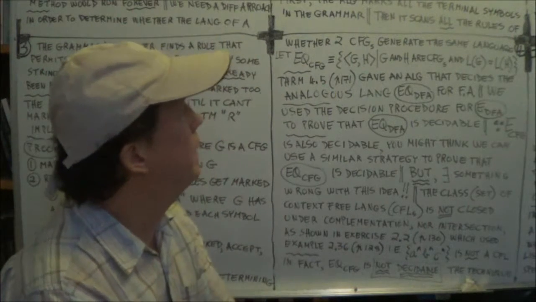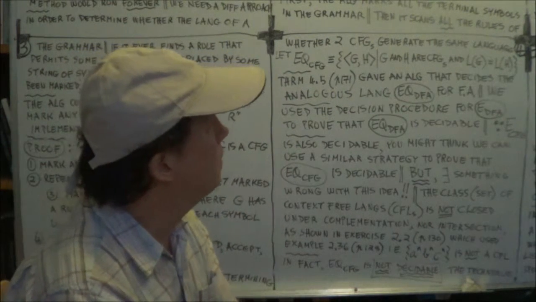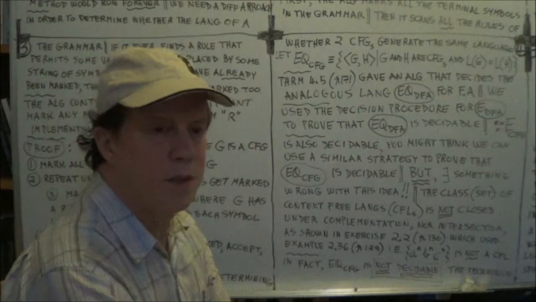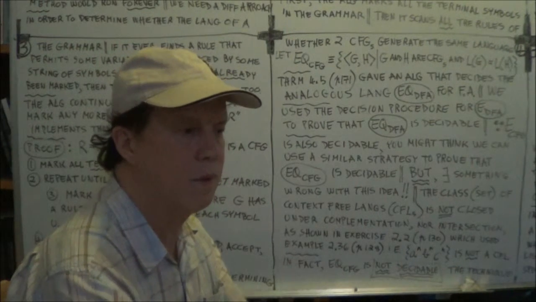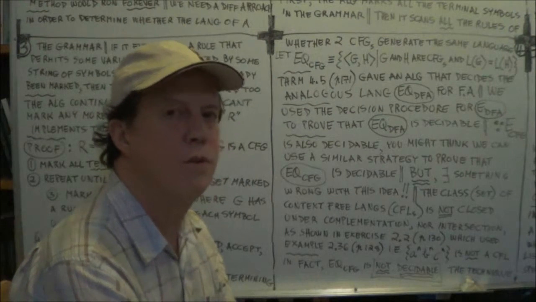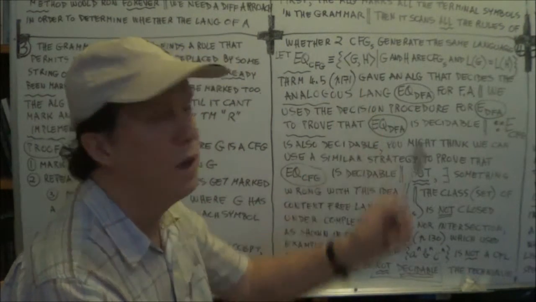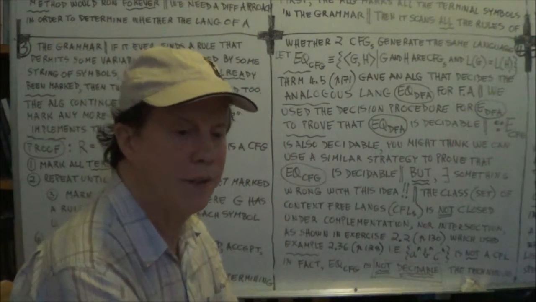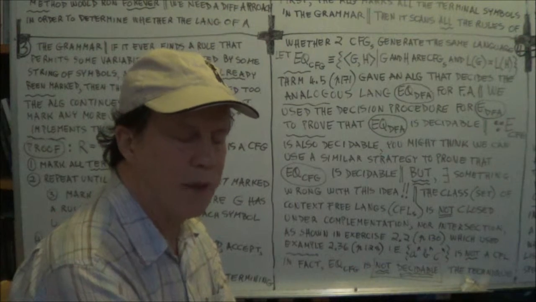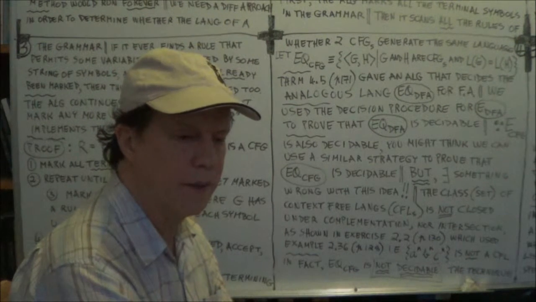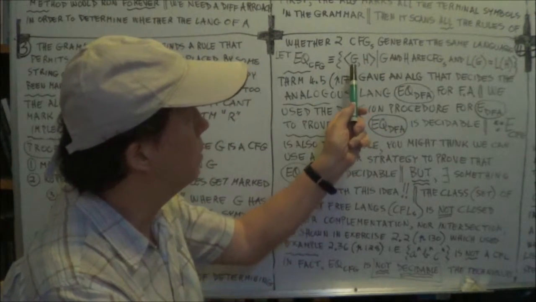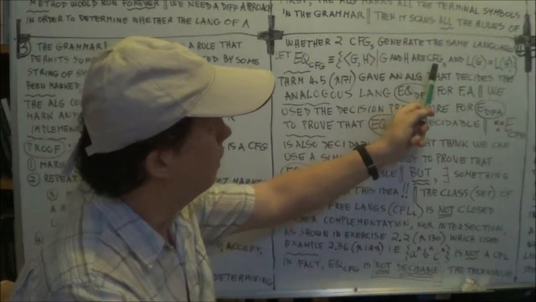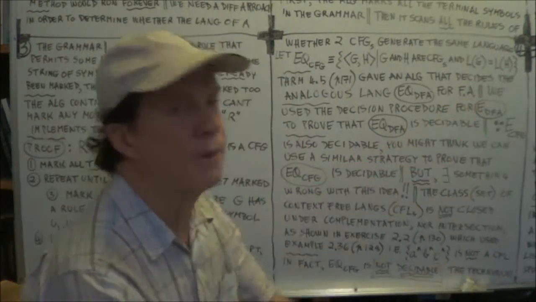So imagine this machine is built, and it would have as input any two context-free grammars, G and H, and it would make a decision, yes or no, accept or reject, on whether these two grammars generate the same language.